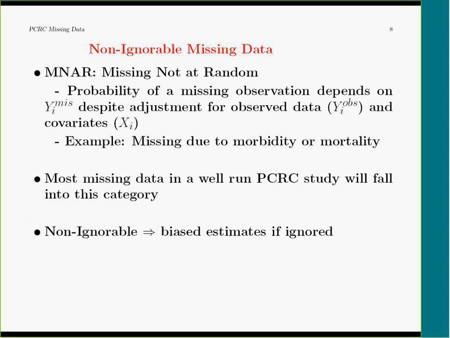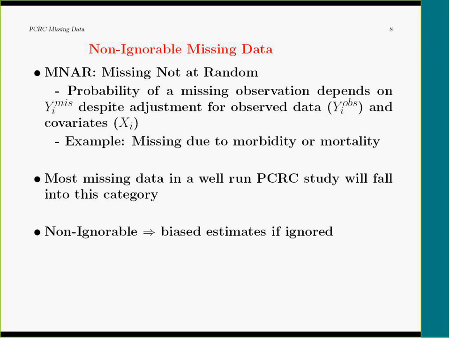Finally, we have missing not at random, and this is when the missingness does depend on what we would have observed if we could have observed it, even after the adjustment.